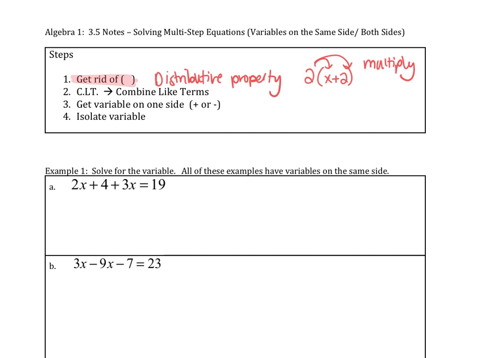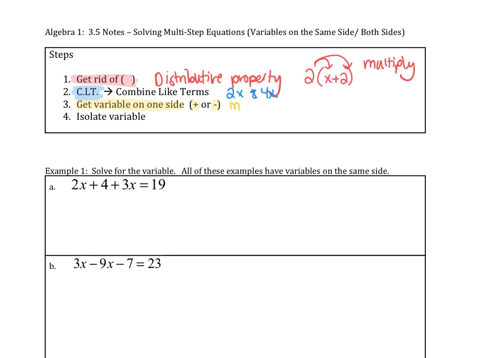That's your first step. Your second step in a multi-step equation is CLT, which is combine like terms. So remember, an example of like terms would be 2x and 4x. Those are like terms, okay? The third step is to get the variable onto one side of your equation. And in order to move a variable onto one side, you can only add or subtract.